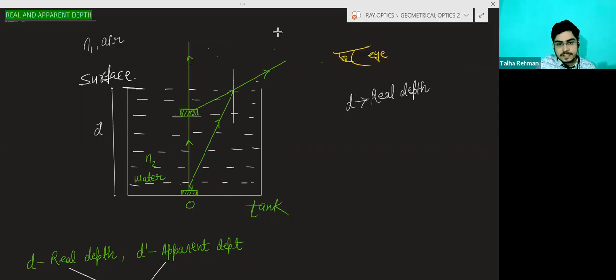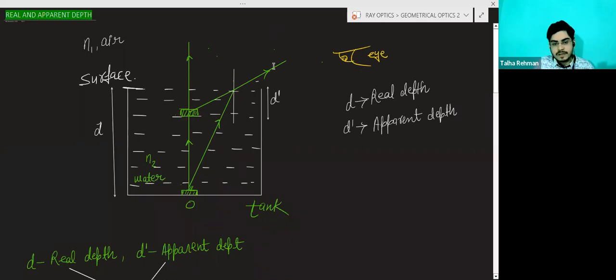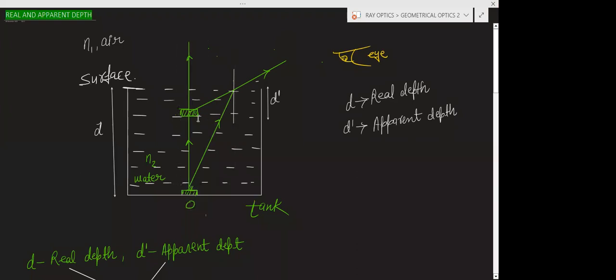So this distance from the surface to here is known as d dash, and this d dash is the apparent depth. Why do I say apparent depth? The real position of the object is this, but the object is appearing here.